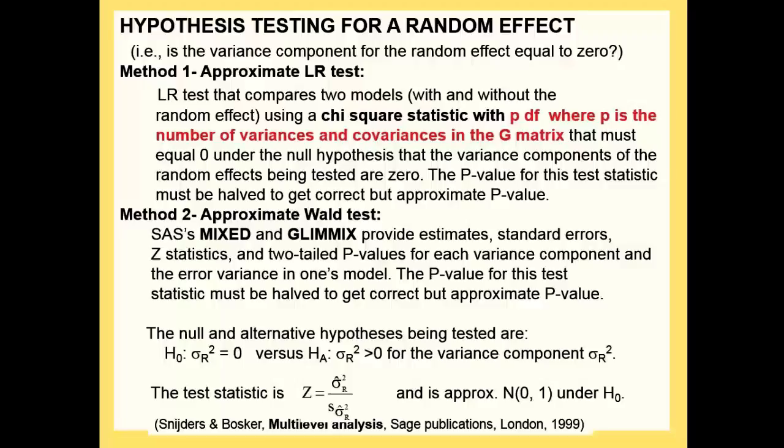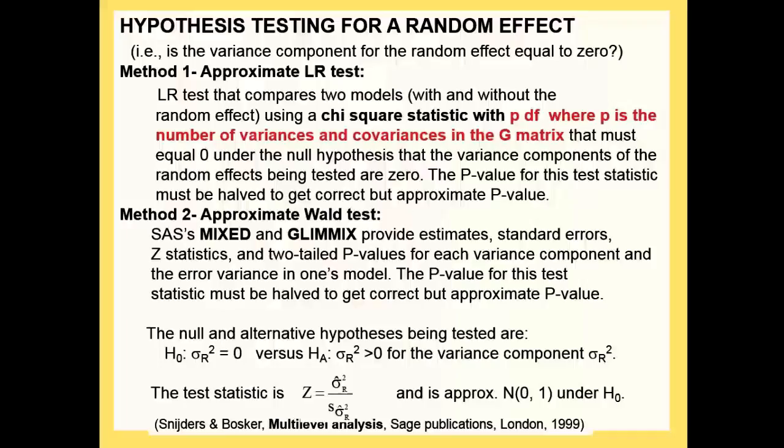If you want to test a hypothesis about whether one or more random effects are significant or should stay in the model, the random effects are the B's in the model. They're the random terms that you're adding to the fixed effects. Each one of these B terms is a random variable, so it has a certain distribution, which is generally assumed to be normal, with mean 0, and a certain variance.